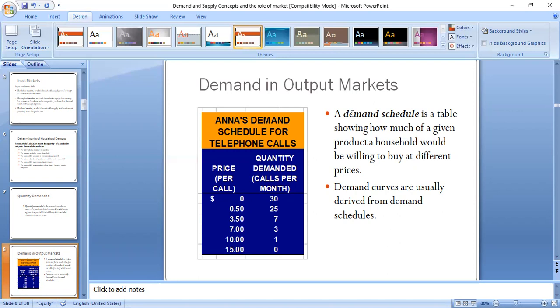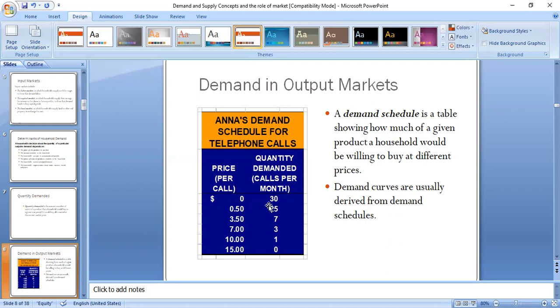A demand schedule is simply a table showing how much of a commodity, a product, or a service is demanded at corresponding, different prices.